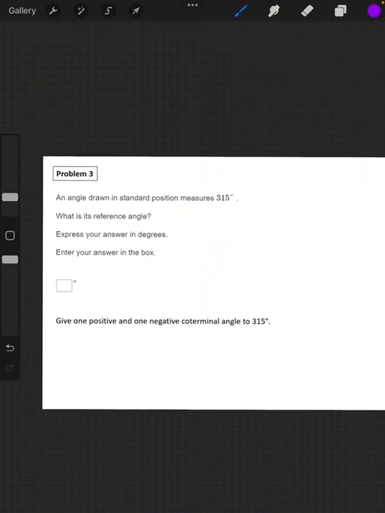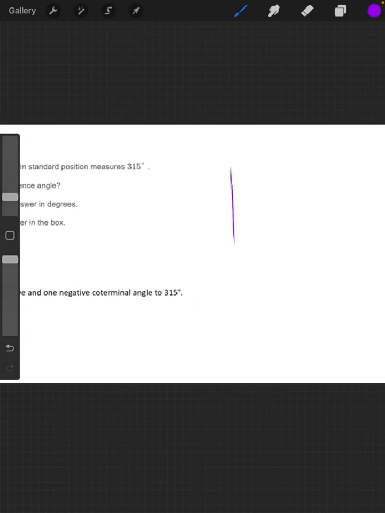On to our last questions. An angle drawn in standard position measures 315 degrees. What is the reference angle? Express your answer in degrees. If we know that the full circle is 360, we can subtract 315 from 360.